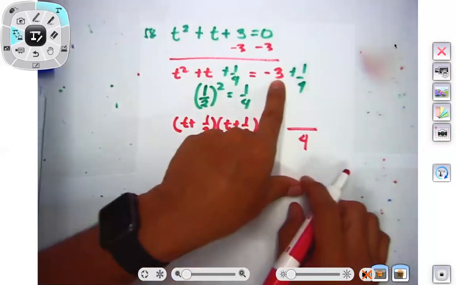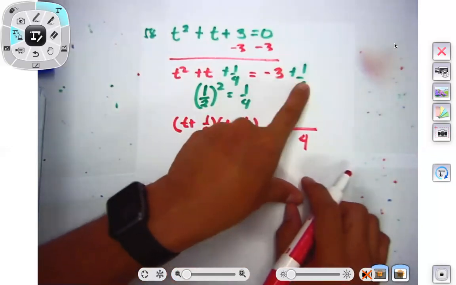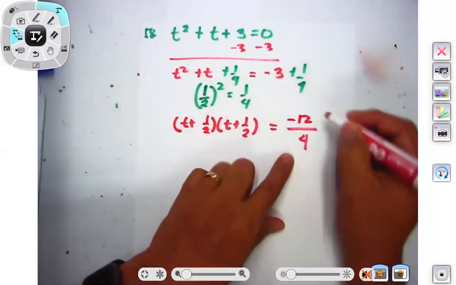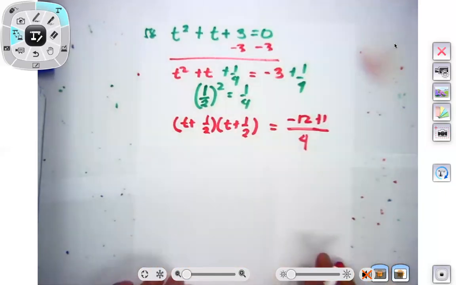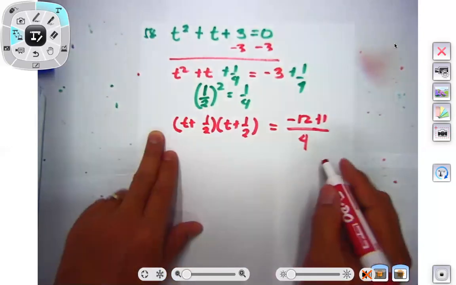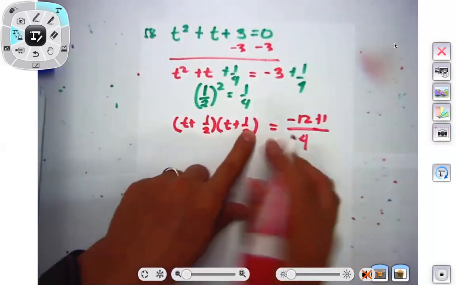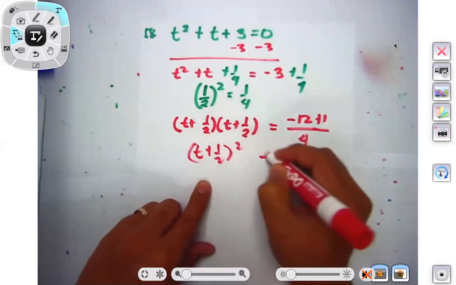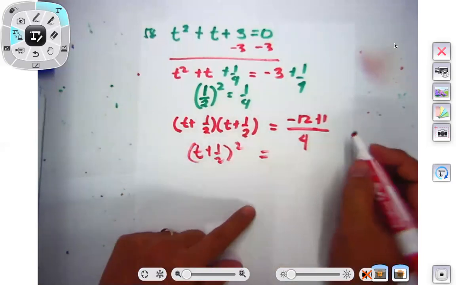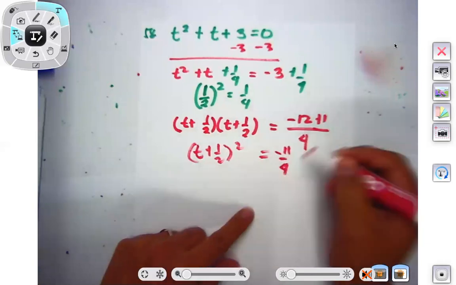And then just multiply it. -3 times 4 is -12, copy 1. So t plus 1/2 times t plus 1/2 is t plus 1/2 squared equals -12 plus 1, -11/4.